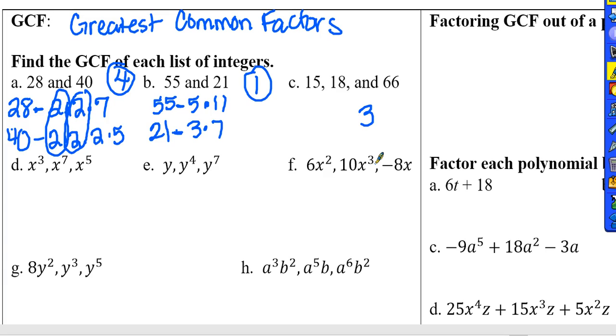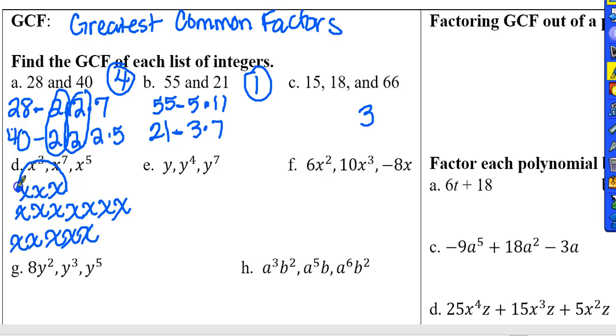Let's go down to our variables. How do we find quickly the greatest common factor among variables? Imagine expanding out x cubed. Yes? x times x times x. How about x to the 7th? And then x to the 5th, right?